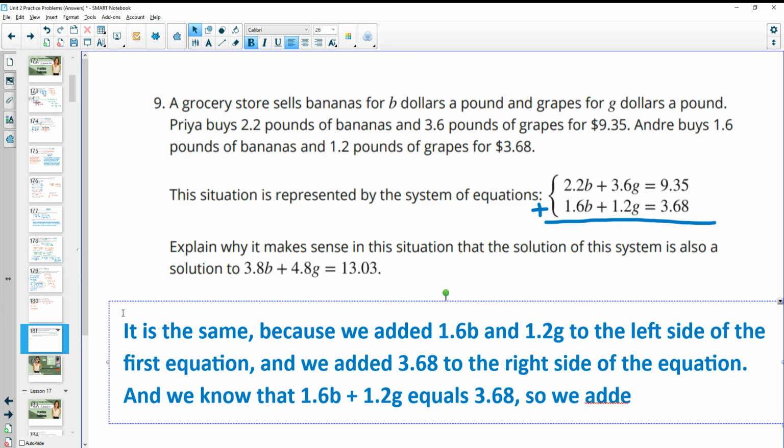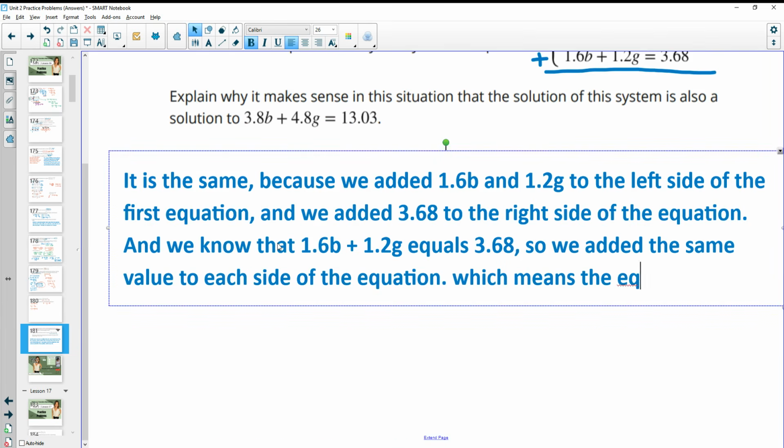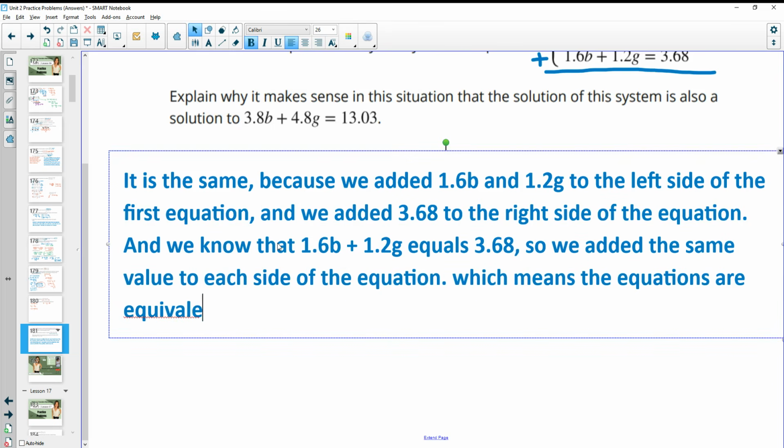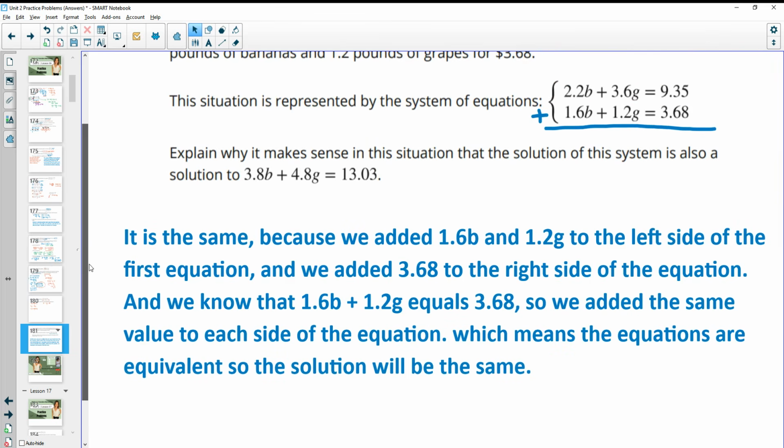So we added the same value to each side of the equation, which means the equations are equivalent, so the solution will be the same. When you add the same value to both sides, it doesn't change the equality, so you'll still get the same solution.